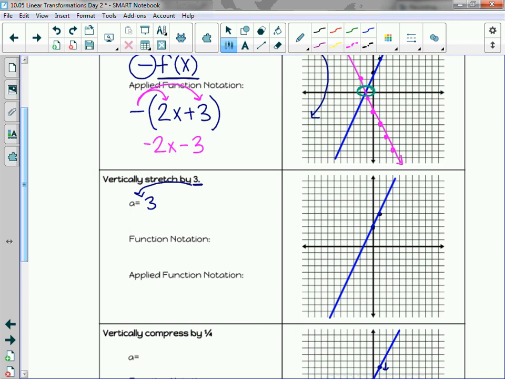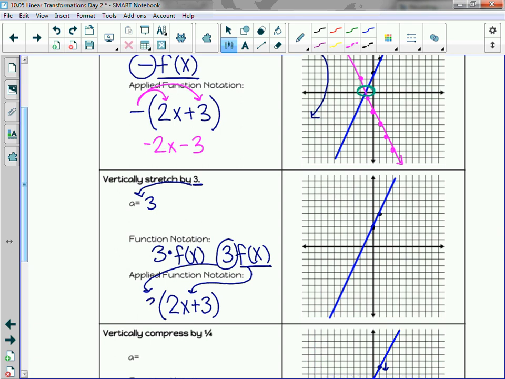Our function notation is 3 times f of x, or 3f of x, right? So you're multiplying your entire function, which remember was 2x plus 3, and you're multiplying the whole thing, not just the slope, but the whole thing by 3.